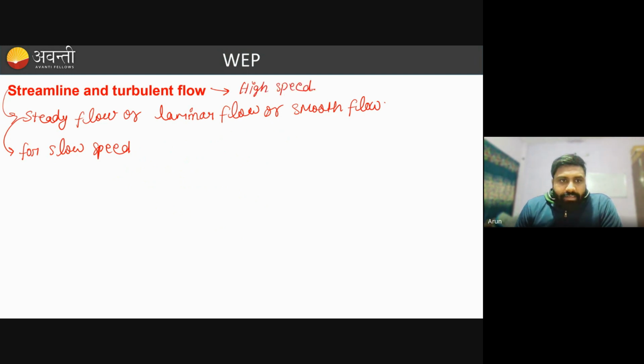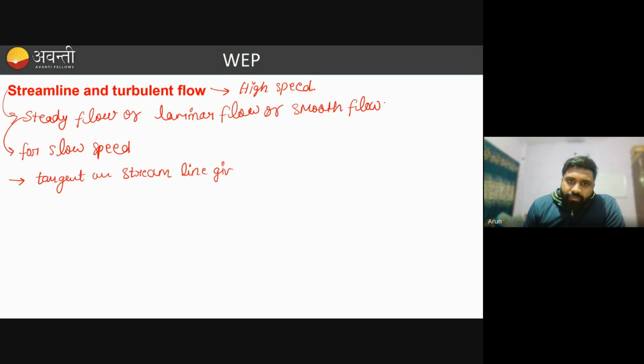Okay, now some properties of streamline flows. The tangent on a streamline gives the direction of flow, or velocity.